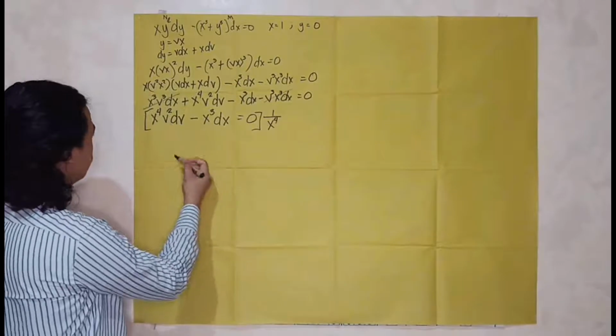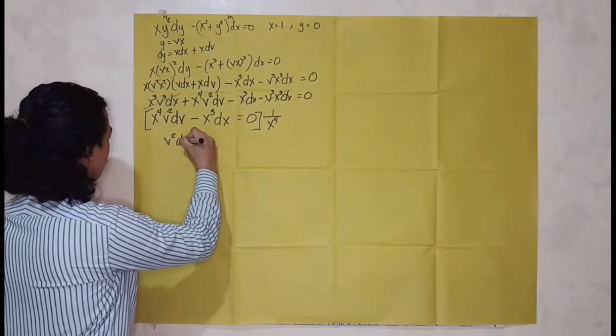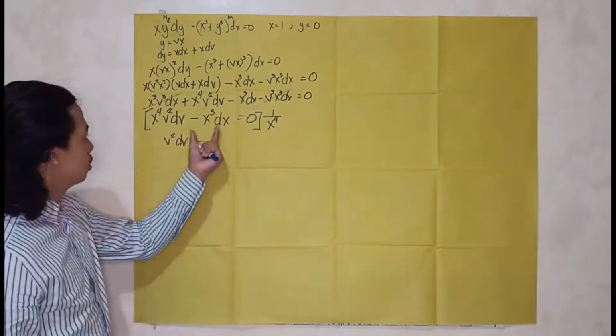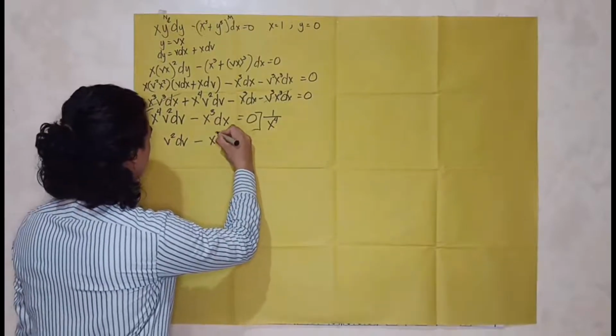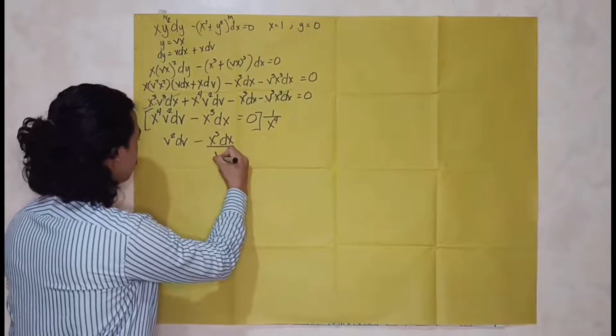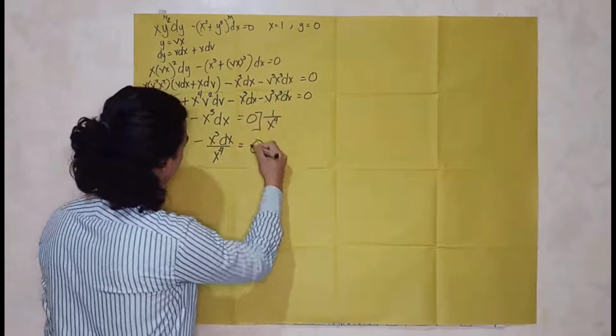So, multiply siya dito. Ang magiging sagot ay v squared dv minus, mamumultiply siya dito, magiging x cube dx over x to the 4th is equals to 0.